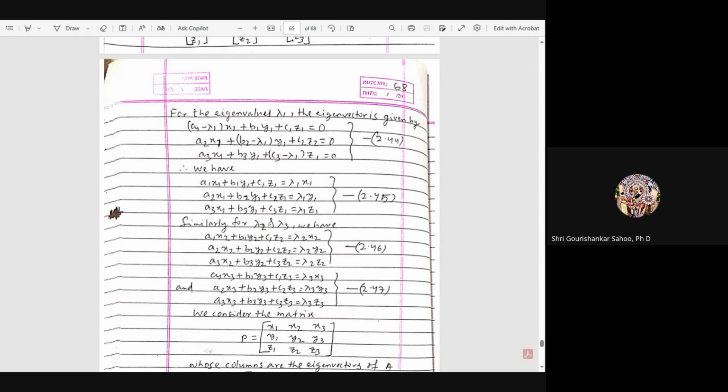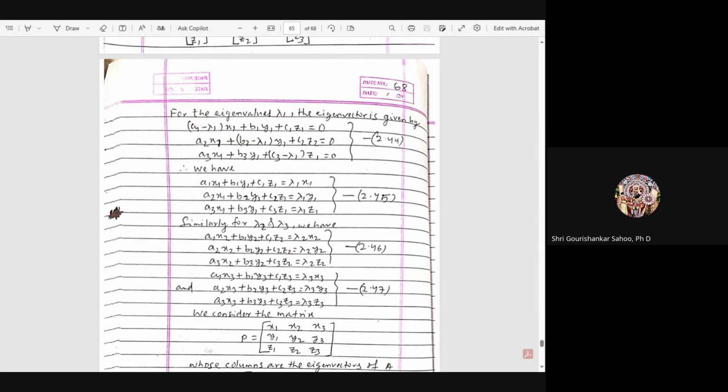So we have a1 x1 plus b1 y1 plus c1 z1 is equal to lambda 1 x1, a2 x1 plus b2 y1 plus c2 z1 is equal to lambda 1 y1, and a3 x1 plus b3 y1 plus c3 z1 is equal to lambda 1 z1. Similarly, for lambda 2 we have a1 x2 plus b1 y2 plus c1 z2 is equal to lambda 2 x2, a2 x2 plus b2 y2 plus c2 z2 is equal to lambda 2 y2, and a3 x2 plus b3 y2 plus c3 z2 is equal to lambda 2 z2.